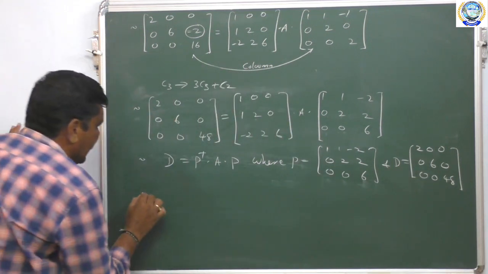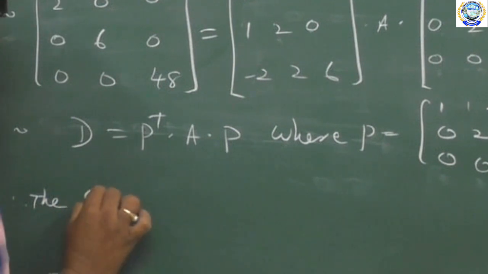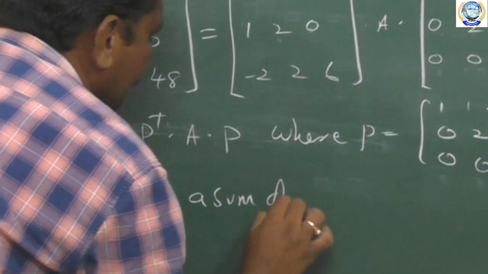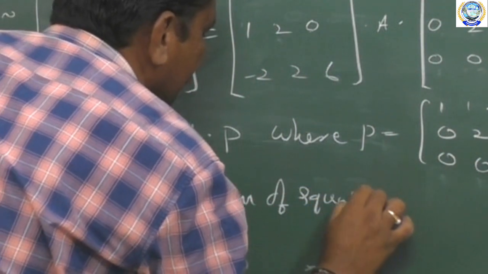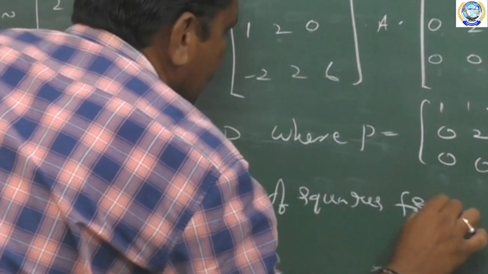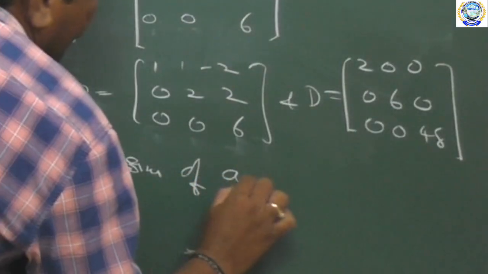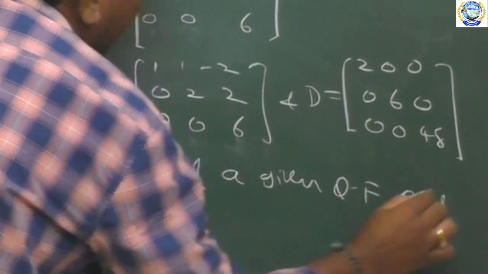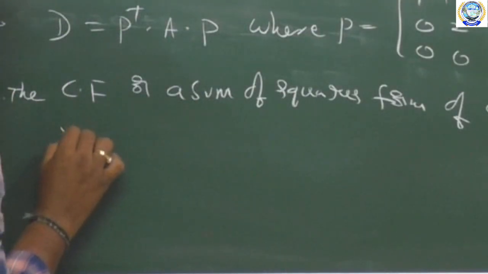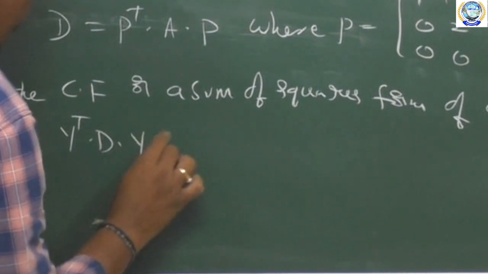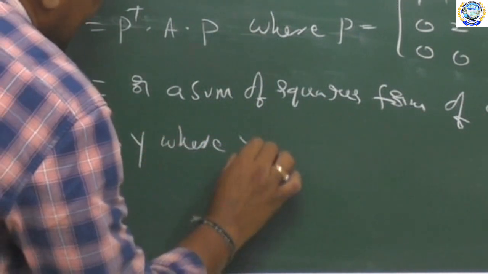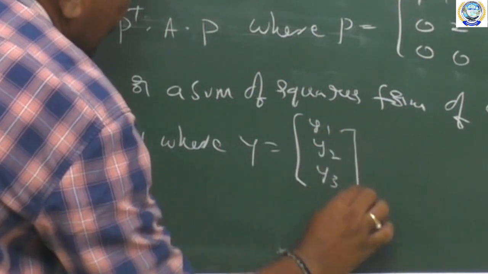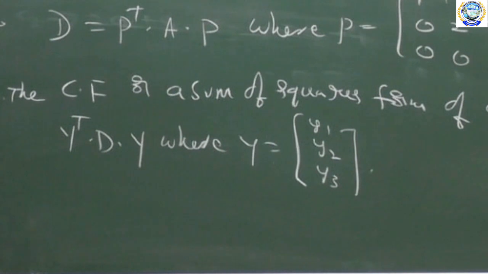Therefore, the canonical form, or sum of squares form, of a given quadratic form Q is Y transpose into D into Y, where Y is a variable matrix with the three variables y1, y2, y3.